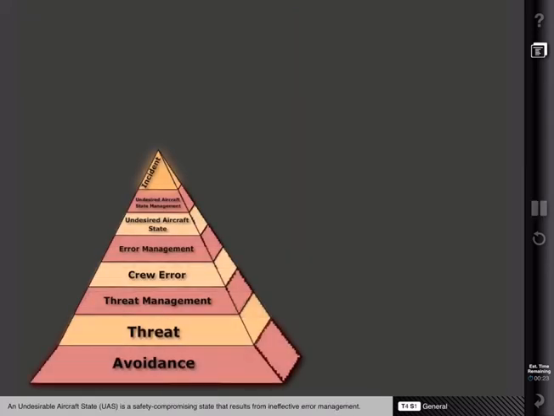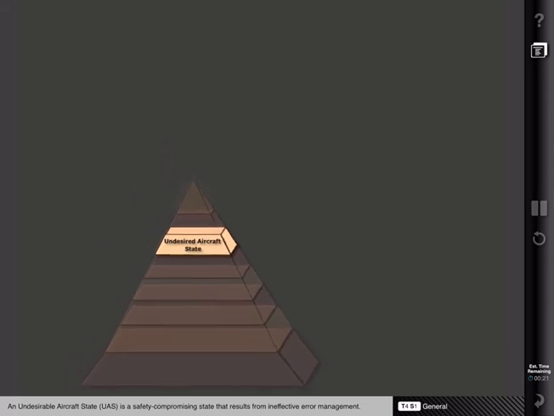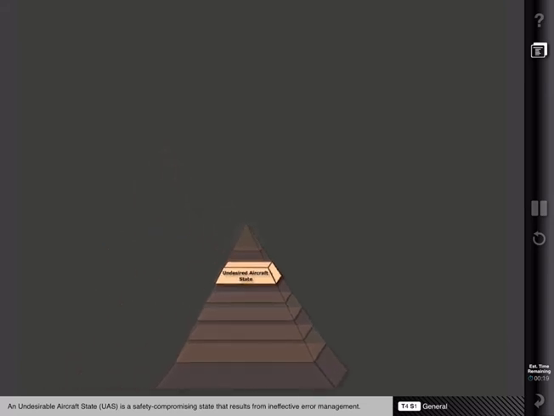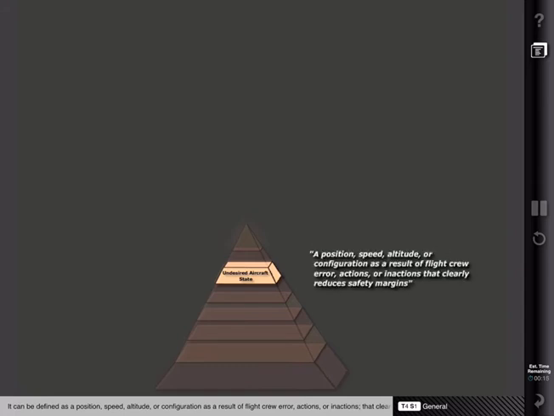An undesirable aircraft state is a safety-compromising state that results from ineffective error management. It can be defined as a position, speed, altitude, or configuration as a result of flight crew error, actions, or inactions that clearly reduces safety margins.